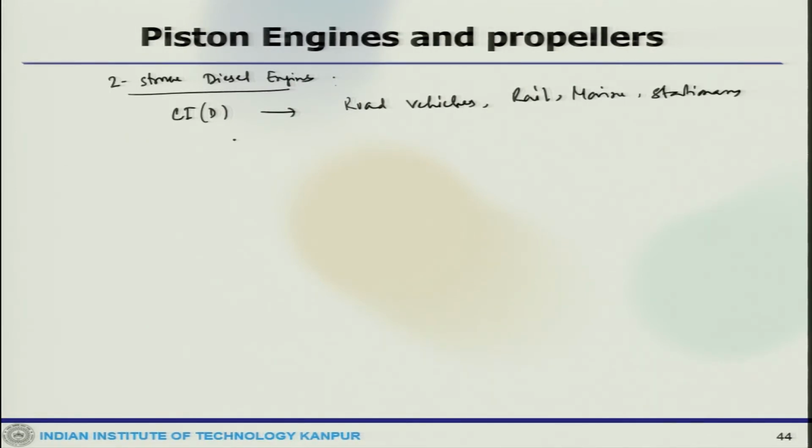But the SI or Otto cycle, the gasoline cycle, is also used in airborne applications, basically small airplanes and helicopters.